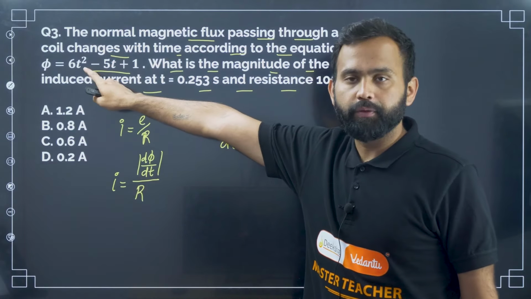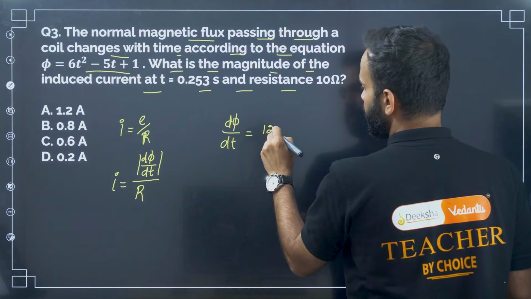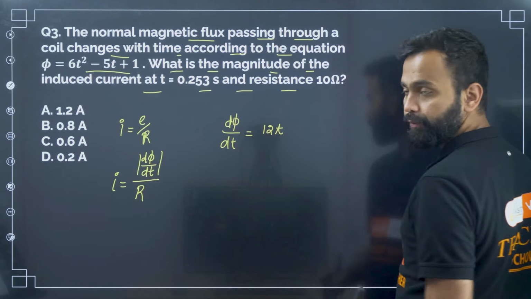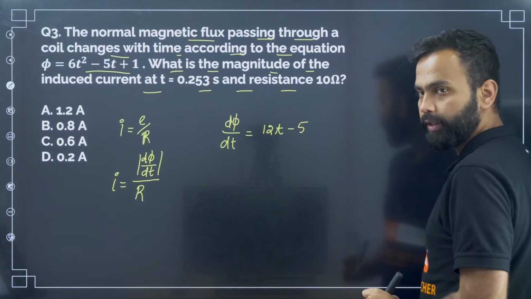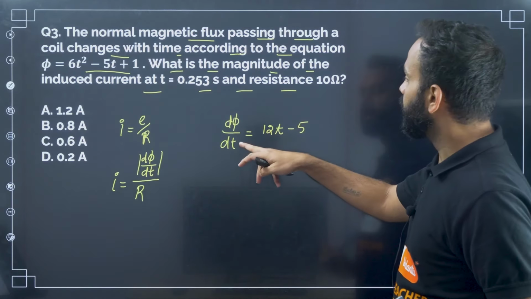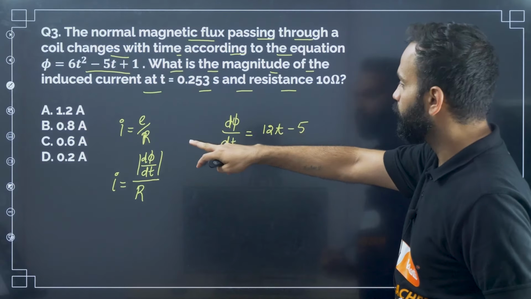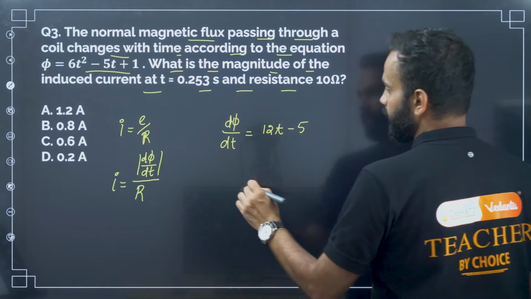What is the differentiation of 6t square? 12t. What is the differentiation of minus 5t? Minus 5. What is the differentiation of 1? 0. So we need to find the rate of change of magnetic flux, that is the induced EMF in the coil, at time t equal to 0.25 second.